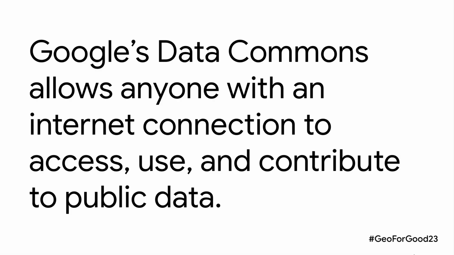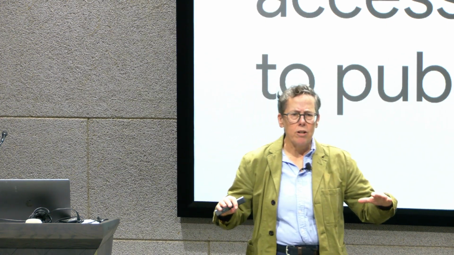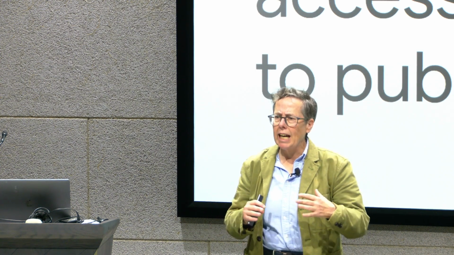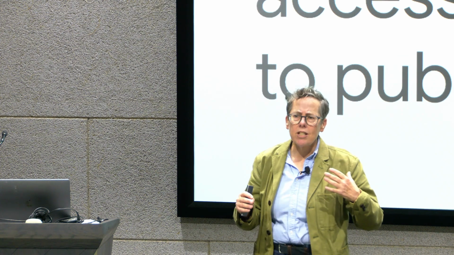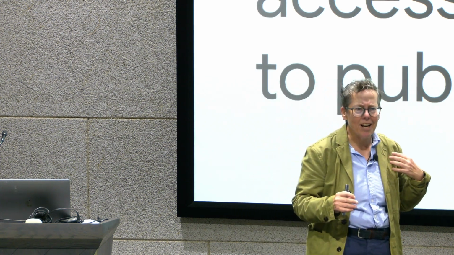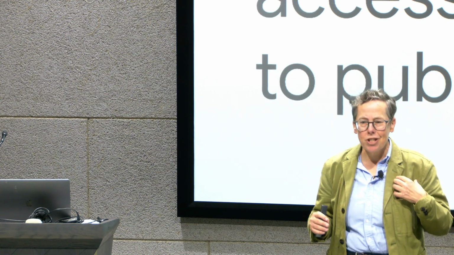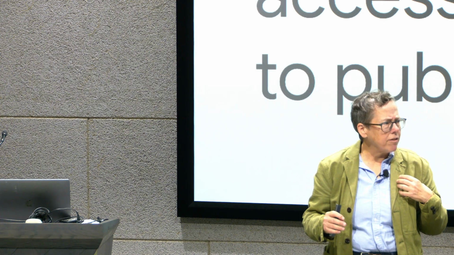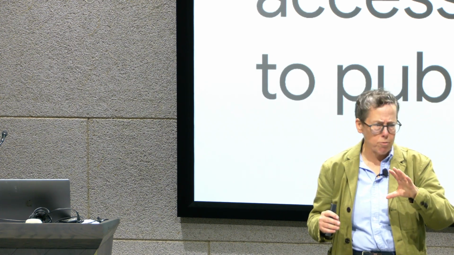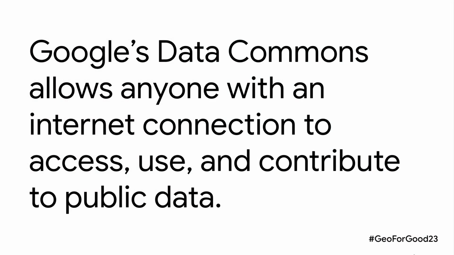So first off, what is Google's Data Commons? It allows basically anybody with an internet connection to be able to get at and use these vast public data sets. For somebody that has a lot of technological imagination, but not so much technical skill, the ability to go in and compare data across different data sets, so it's already been normalized and I can look at it in a single graph, is tremendously powerful.